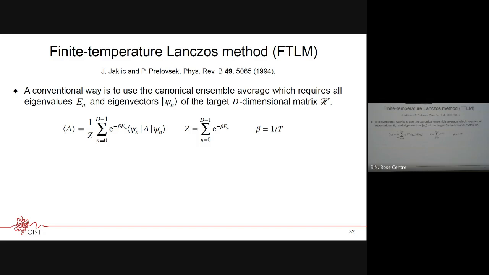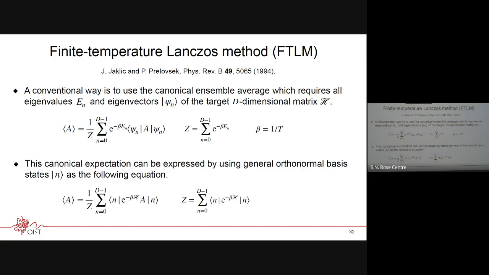This is the partition function, beta is the inverse temperature, and A is the operator of the physical quantity. This canonical expectation can be expressed by the following equation. With a general orthonormal basis, which I will call the states n, we can rewrite this equation using this equation.